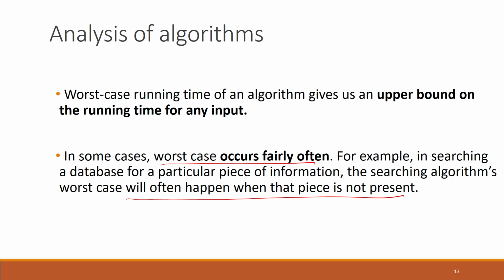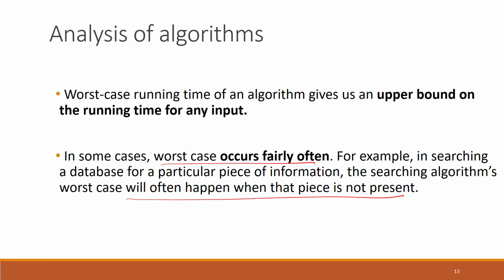In order to determine the expression, when searching for a particular piece of information in the database, we need an idea of the probability of finding it and its average location in the database. For example, if it occurs more often at the end of the database, then the average running time will be different compared to if it occurs more often at the beginning.